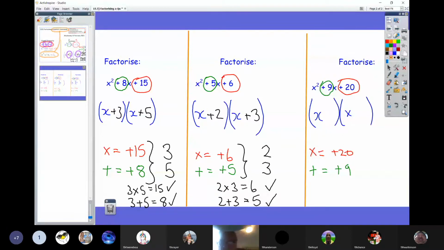And then my third one on the right, what magic numbers multiply to be 20 yet add to be 9? That's 4 and 5, because 4 times 5 is 20, yet 4 add 5 equals 9. So it's plus 4 and plus 5.